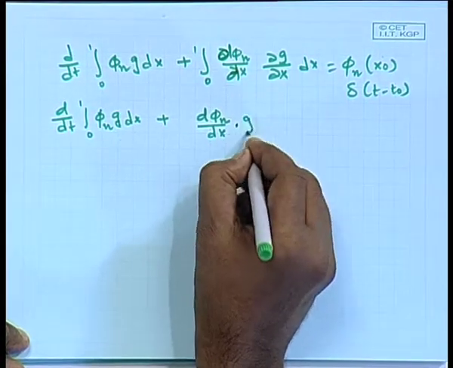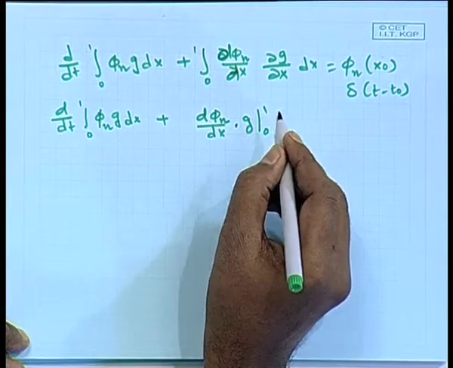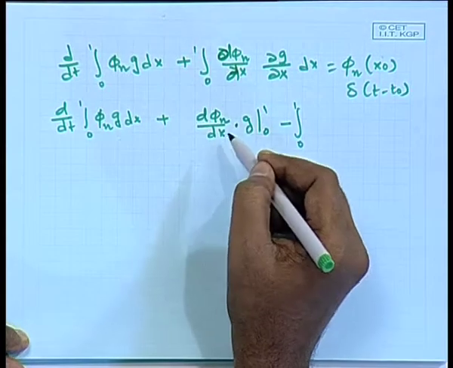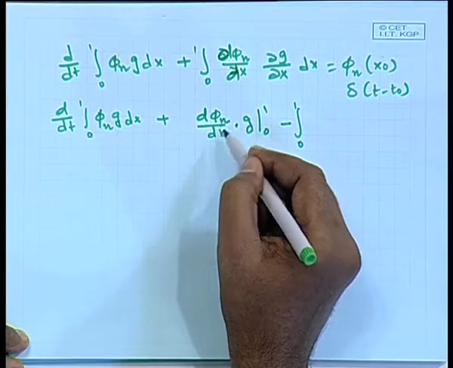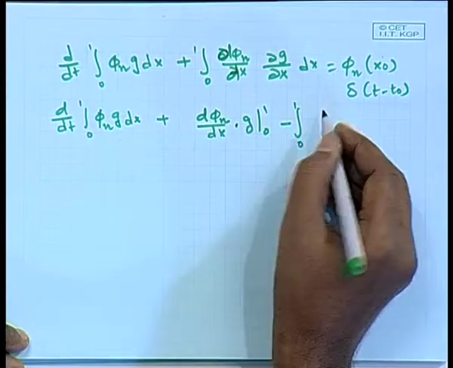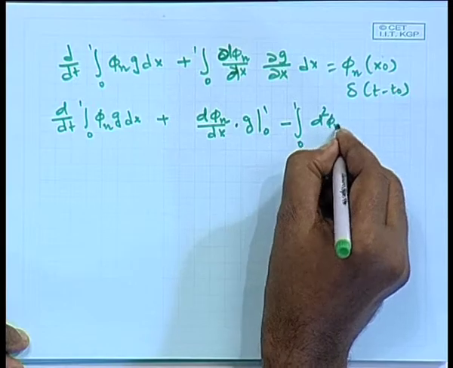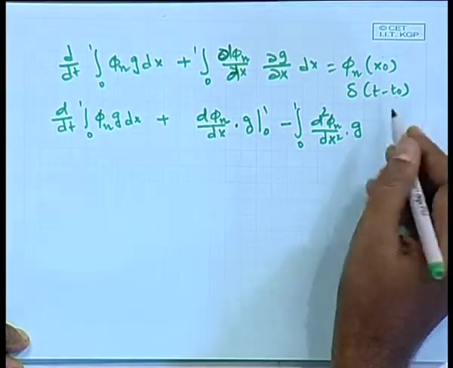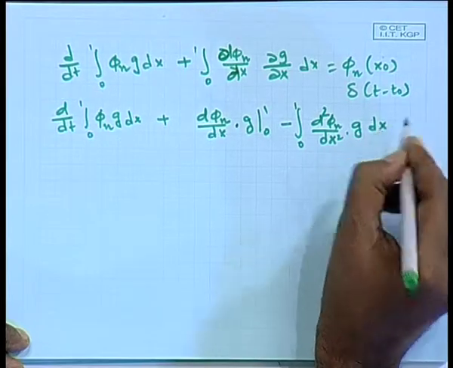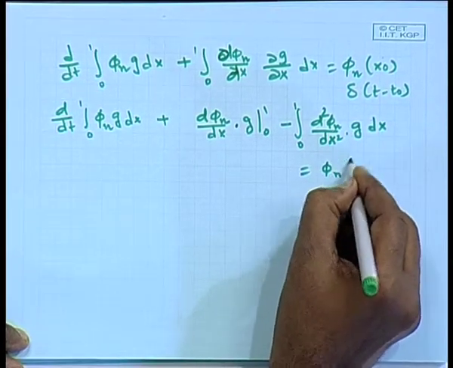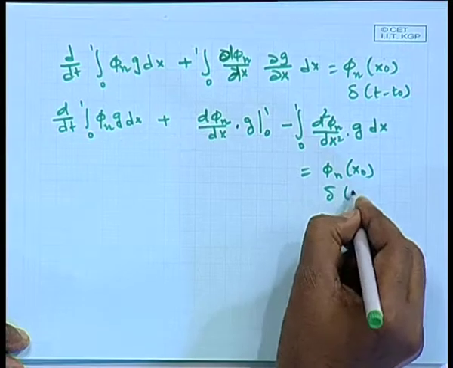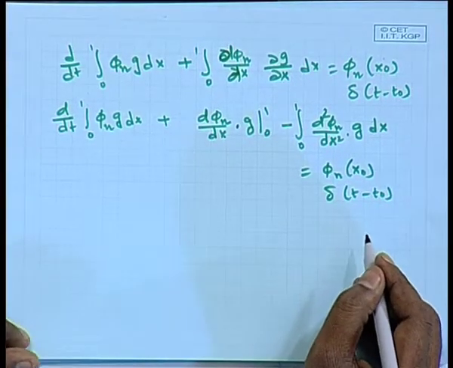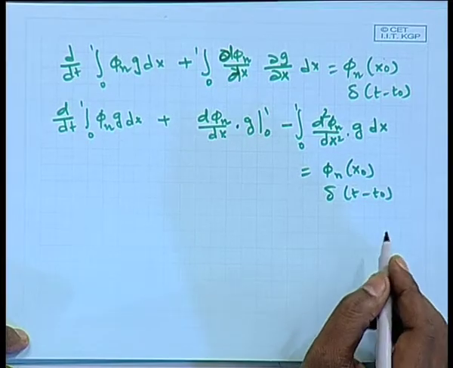So that will be g only from 0 to 1, minus 0 to 1 differentiation of the first function, that is d square phi n dx square. So d square phi n dx square times g, integration of the second function times dx, is phi n x naught delta t minus t naught, right.